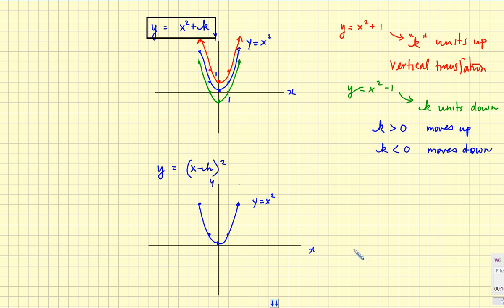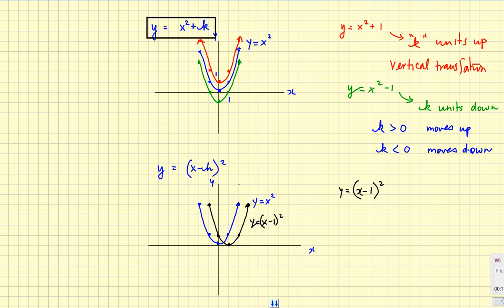There is my original starting graph. And if I now decide to say, let's do y equals x minus 1 all squared, well, on my calculator, it would mean that my graph is moving 1 unit to the right. So every point gets moved 1 unit to the right. Okay? So the graph would be right here as y is equal to x minus 1 all squared.